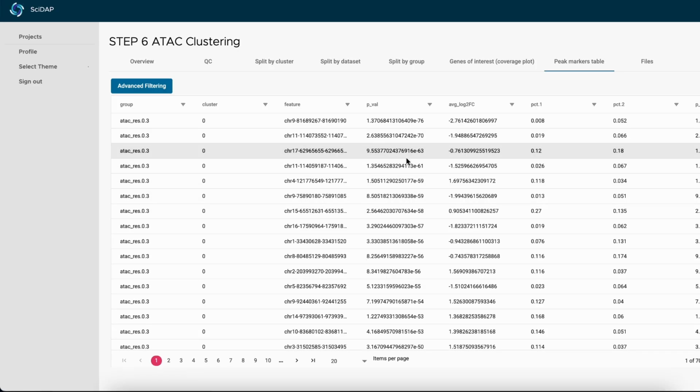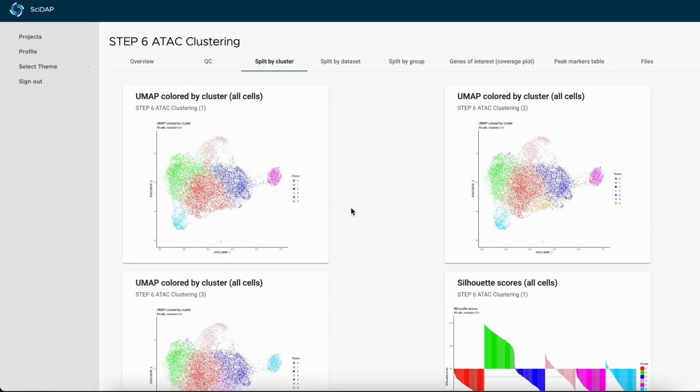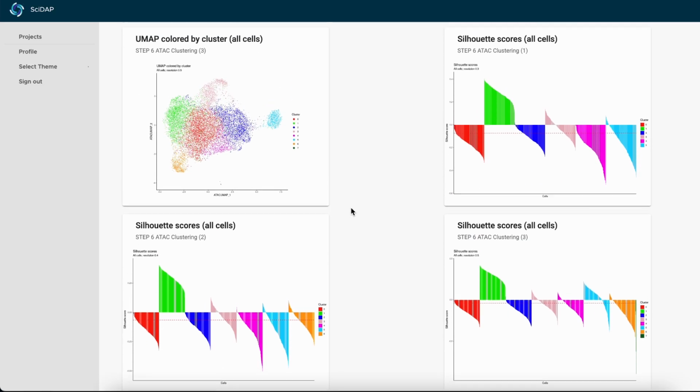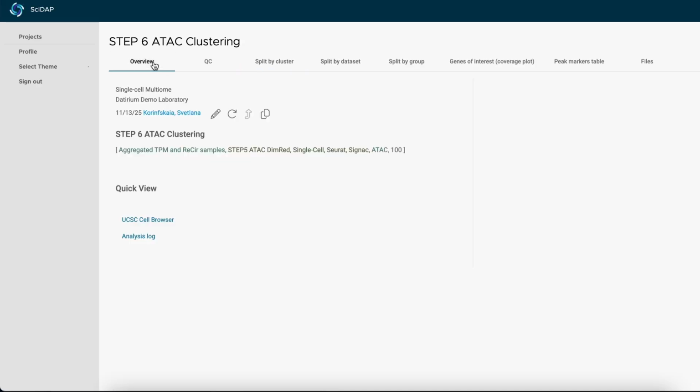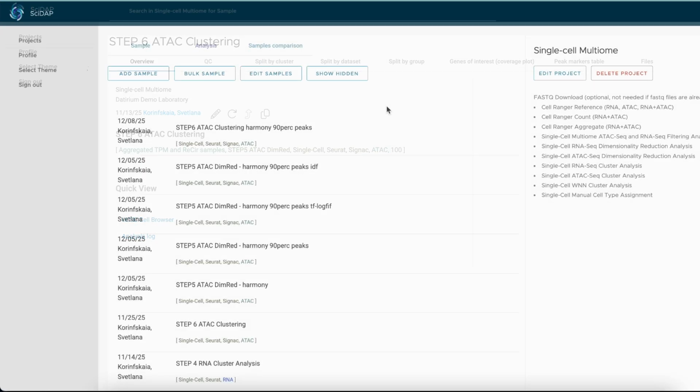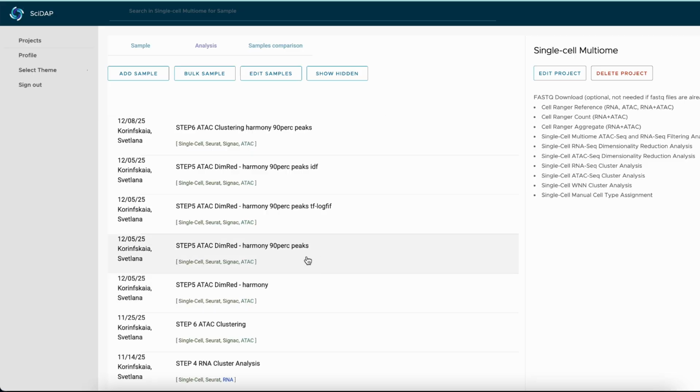And let's return to our silhouette scores. I would like to try a different integration algorithm to see if that will affect the results. So to do that, we need to go back and restart our single-cell ATAC-Seq dimensionality reduction analysis. So I already restarted it with Harmony.